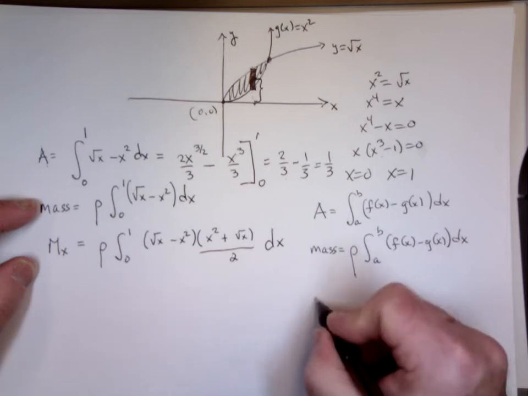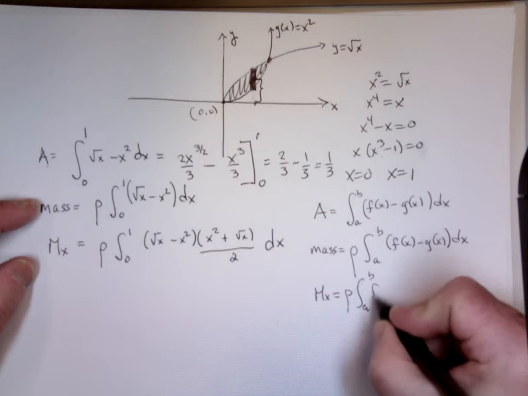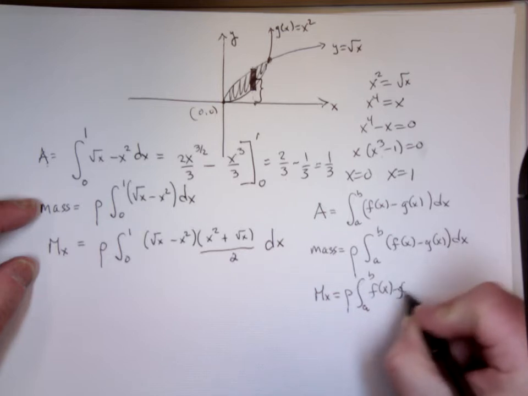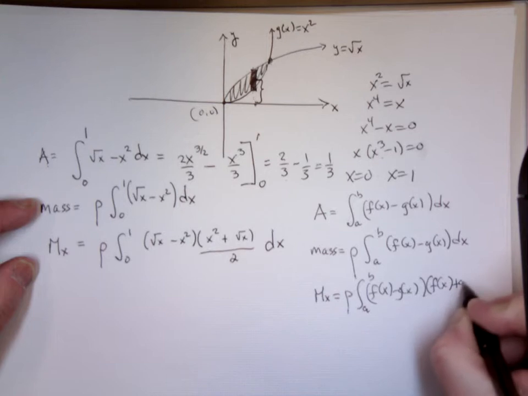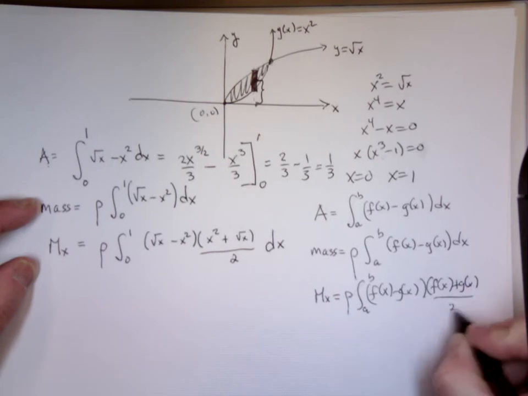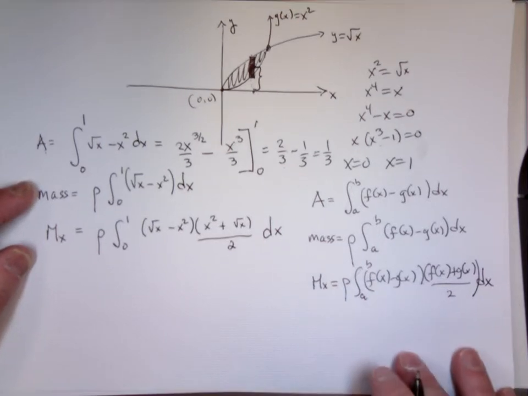Moment from the x-axis, density, top minus bottom again. But now we've got the sum divided by 2. Okay, that's the moment from the x-axis.